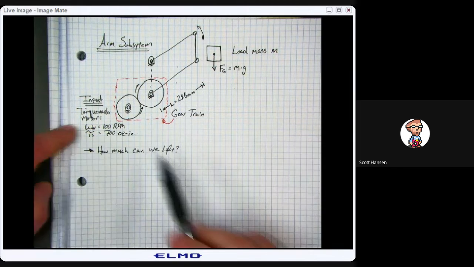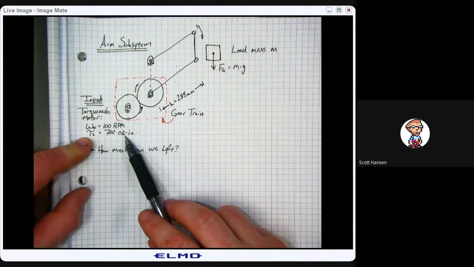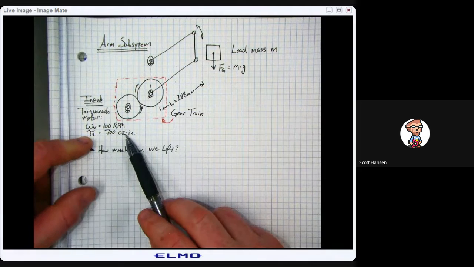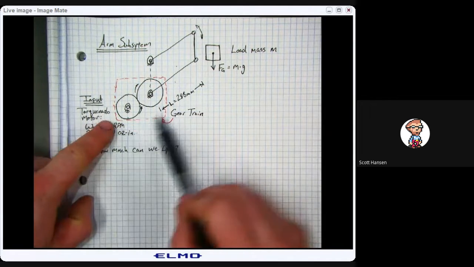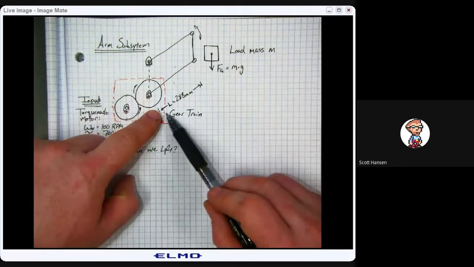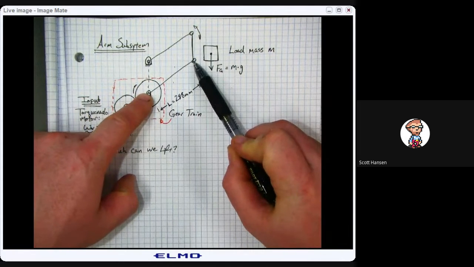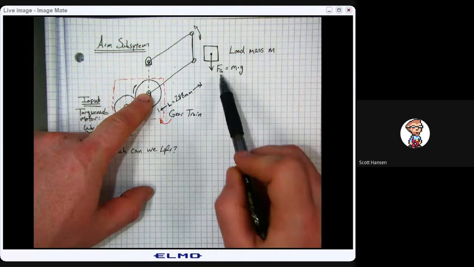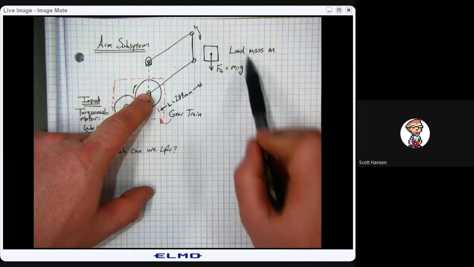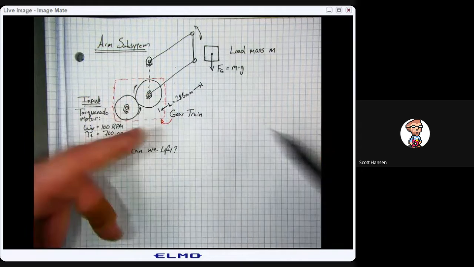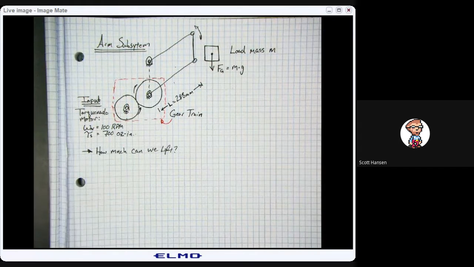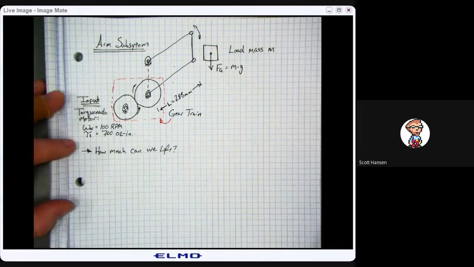So my question is: if I'm using this motor that supplies 700 ounce-inches of torque, with some kind of gear train and a mechanism whose arm length I've measured, how heavy of a load can I lift with this arm mechanism? That's essentially what I'm trying to answer with the physics for this subsystem.